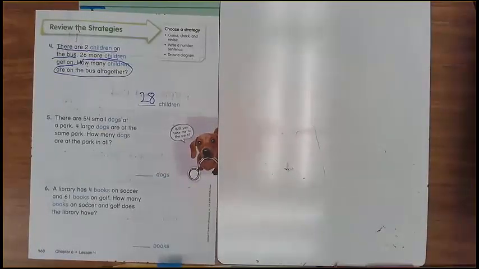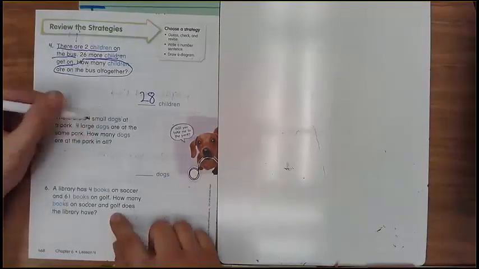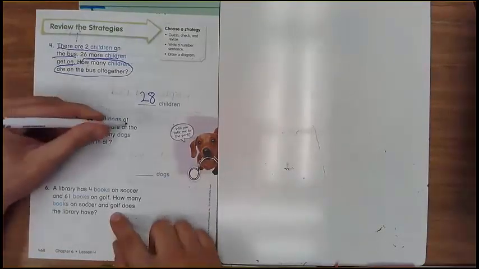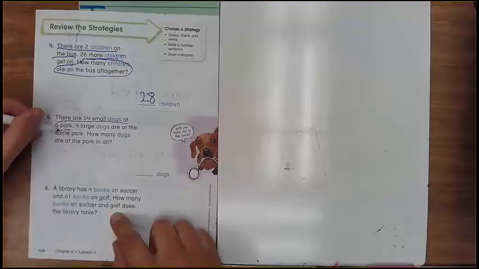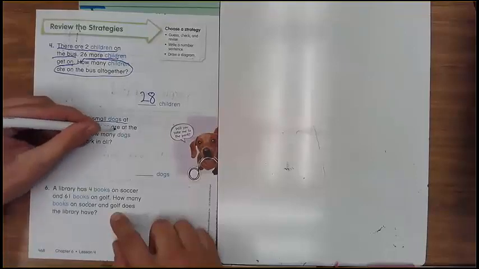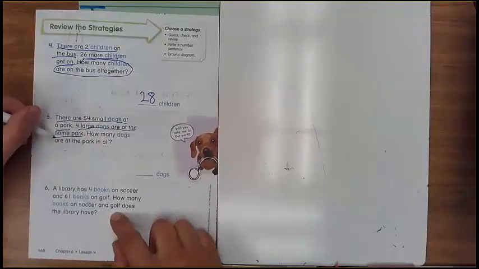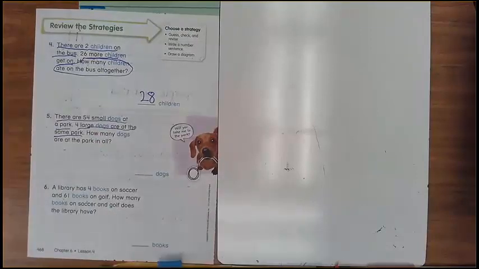Now, here is another one, and this one says there are 54 small dogs at a park. 4 large dogs are at the same park. How many dogs are at the park in all?